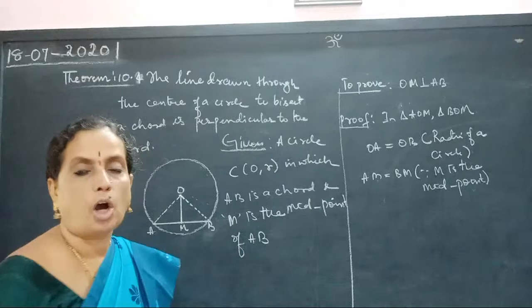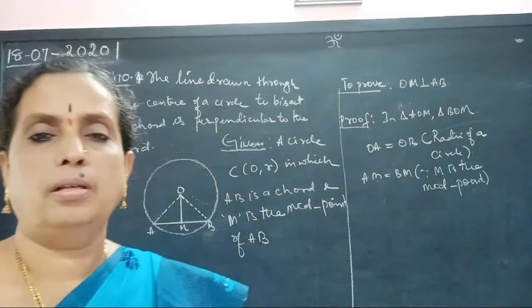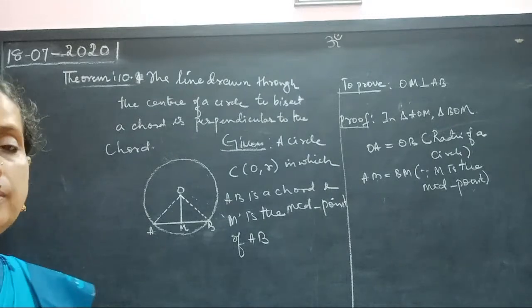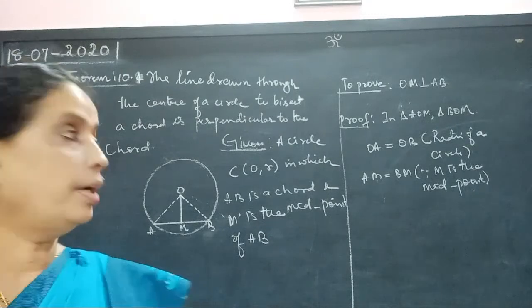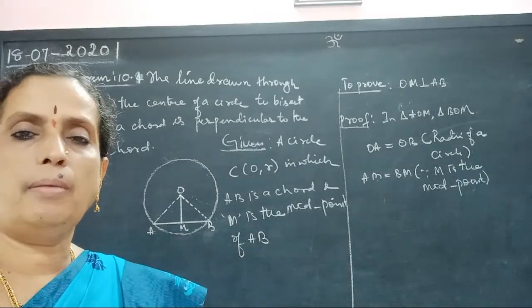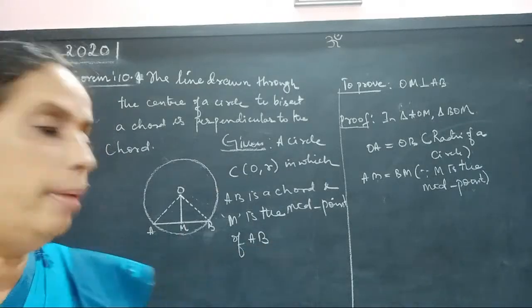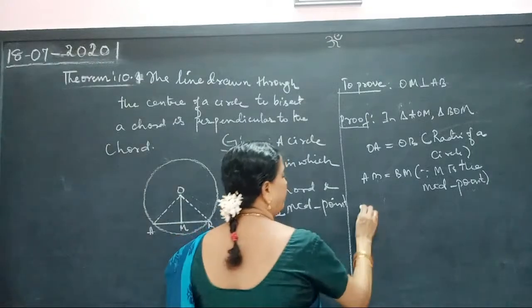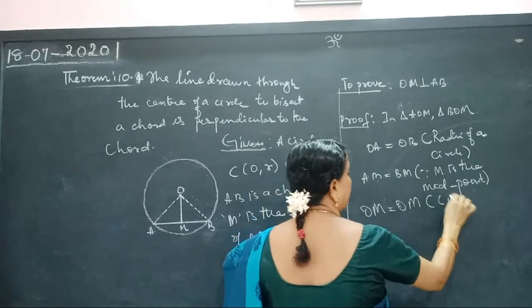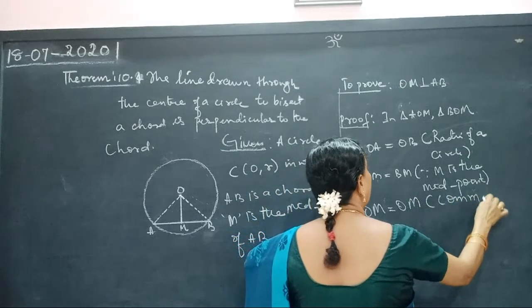And which is the common segment here? We have taken OA equals OB, AM equals BM. Which is the common segment? OM. OM equals OM. Reason, it is the common part.